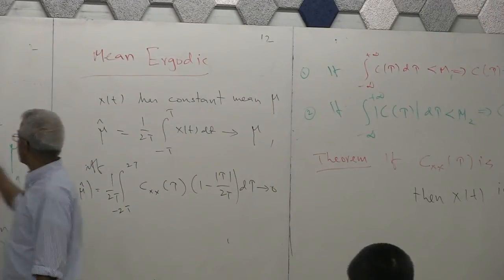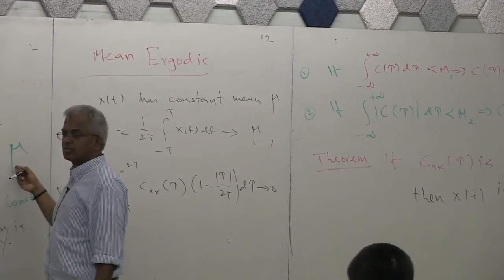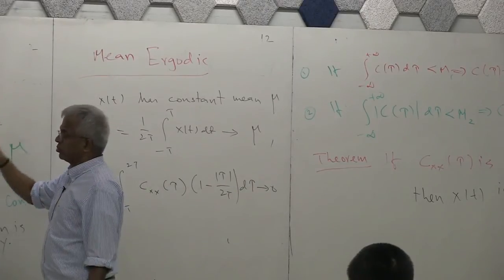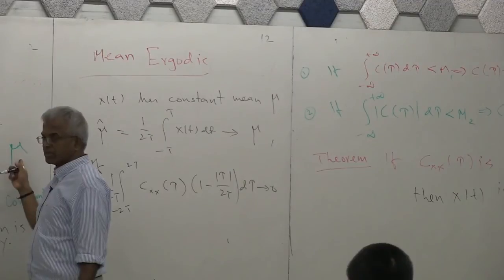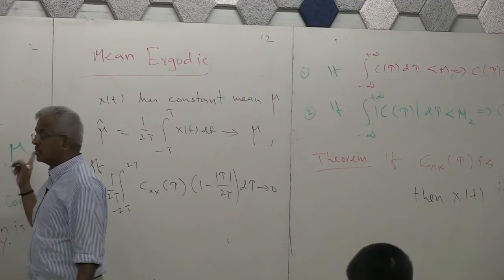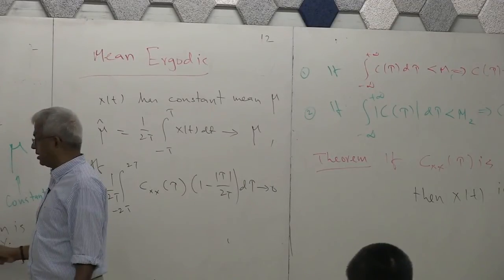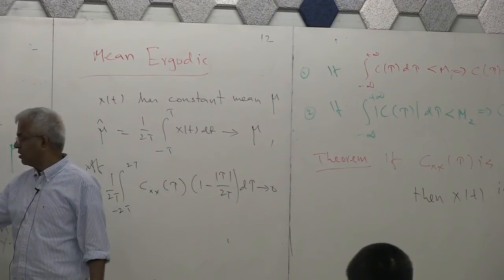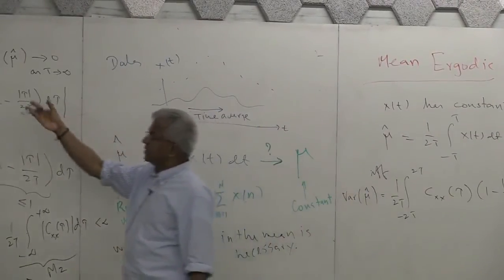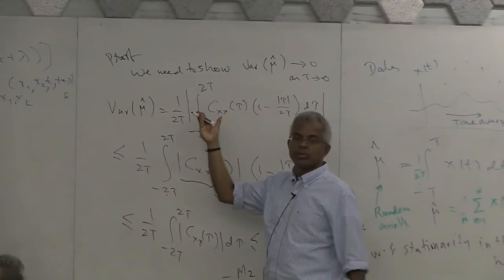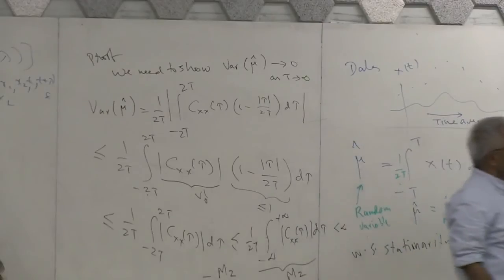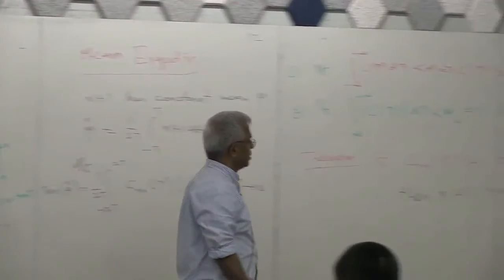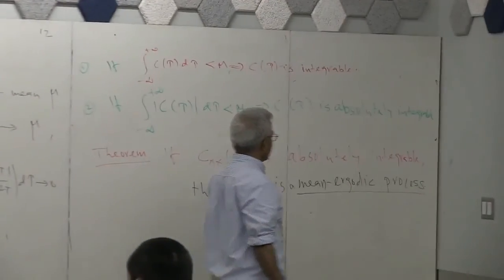How good is this compared to the actual mean? That's the question. Most of the cases, this does not represent the actual mean, especially in non-stationary cases. So if the process has a stationary mean, and the variance of this goes to 0, or the correlation function has these special properties of absolute integrability, then the process will be mean ergodic.